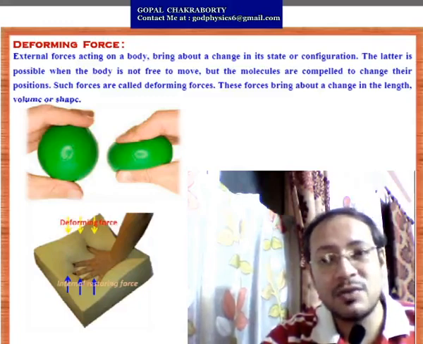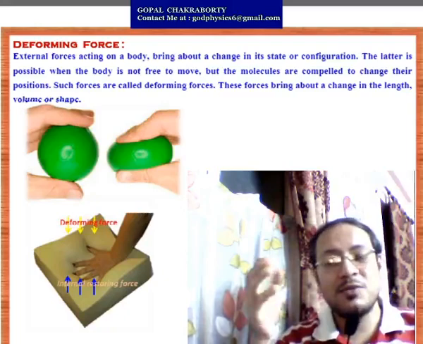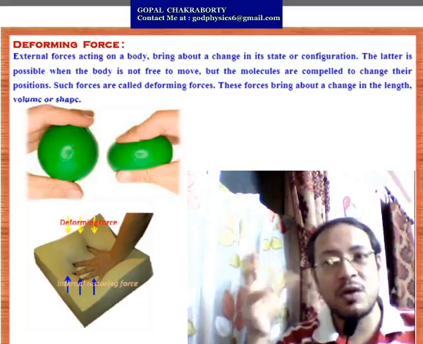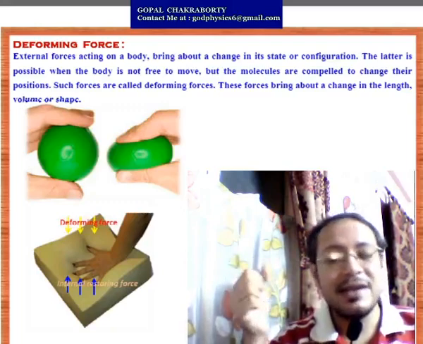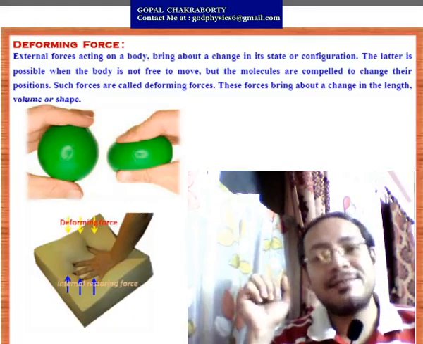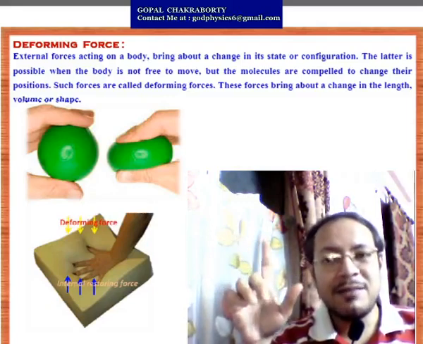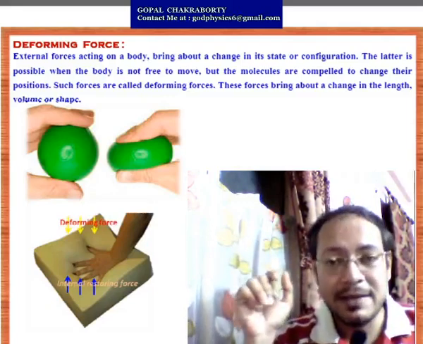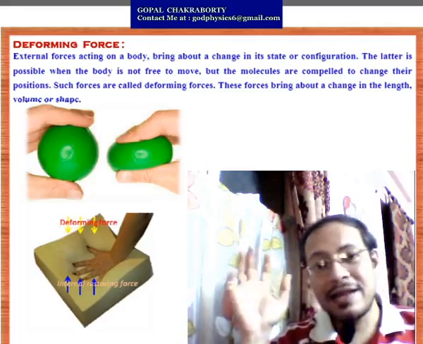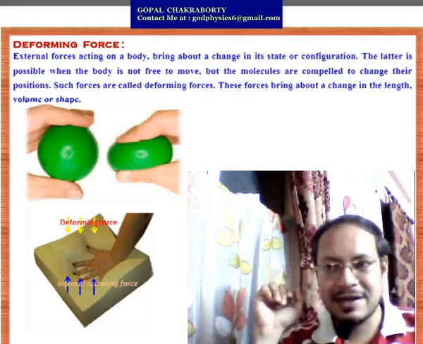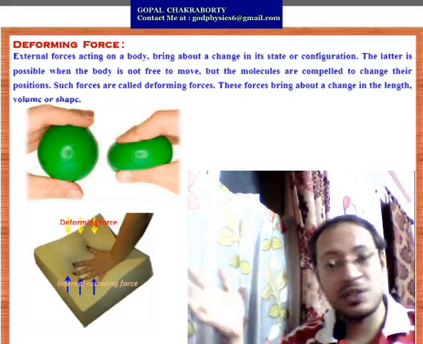I will show you some examples. You may consider a sponge ball, a rubber ball, or a sponge sheet. When you apply an external force on it, if the body is free to move, then as per Newton's law it will start to move from one position to another.